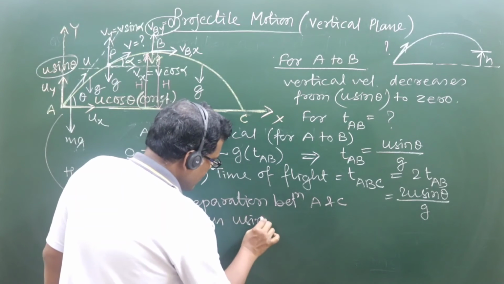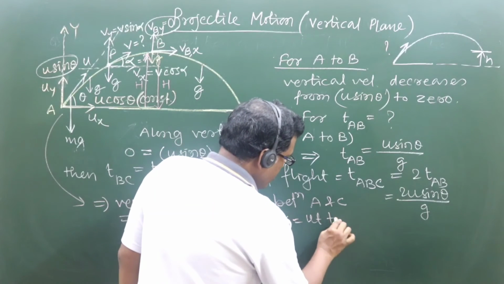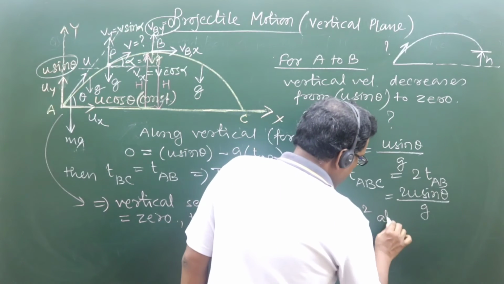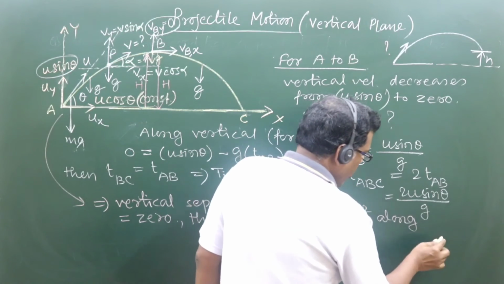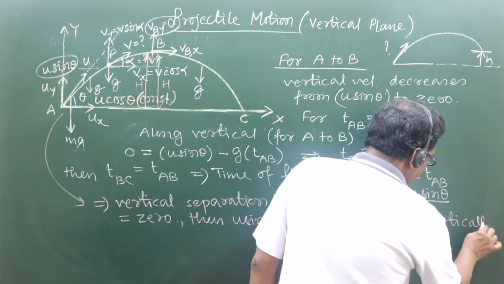using S is equal to ut plus half at square along the vertical, right?